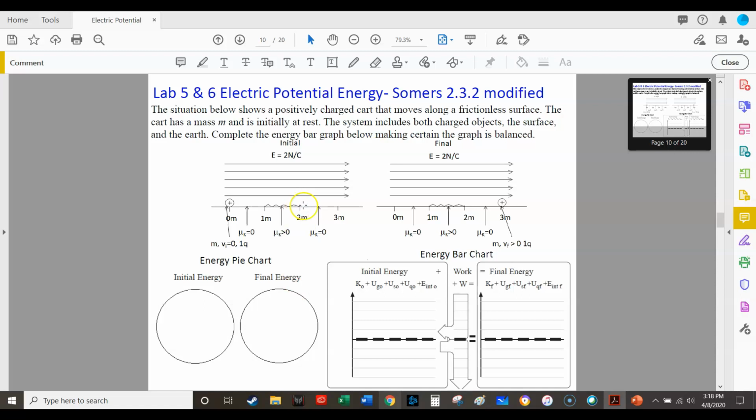Then it's going to leave here and hit another area of no friction, and keep moving until finally it's at a position of 3 meters. It is moving, and there is a final voltage on it.